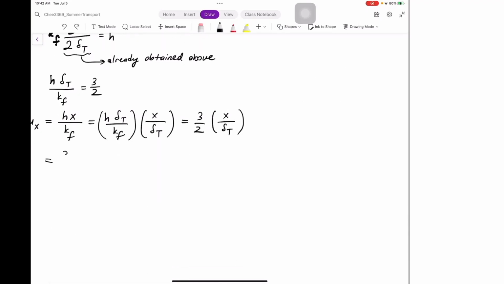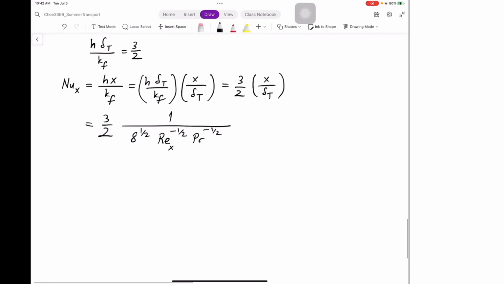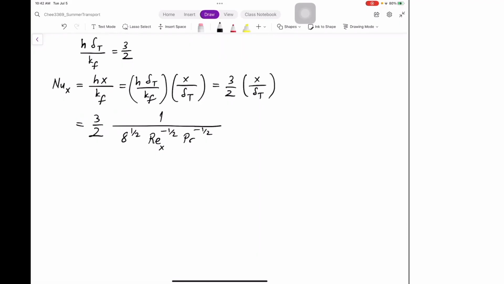So you get 3 over 2 times 1 over 8 to the power 1/2, Reynolds number x to the power negative 1/2, Prandtl number to the power negative 1/2. And from here, if you do the calculations, the Nusselt number x is something like 0.53 Reynolds number x to the power 1/2, Prandtl number to the power 1/2.